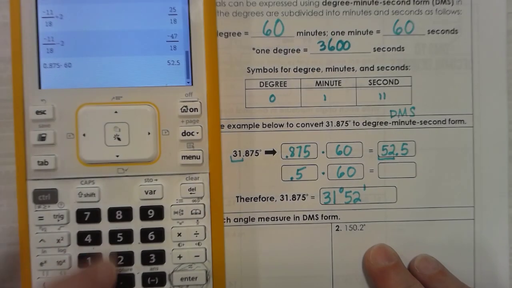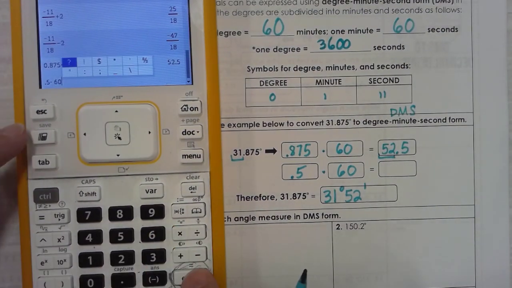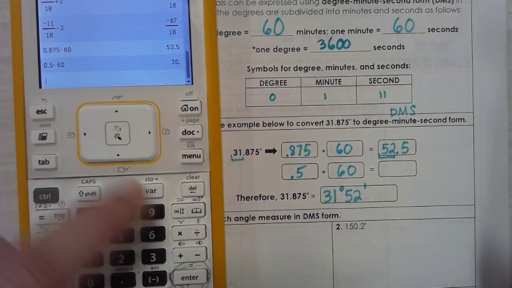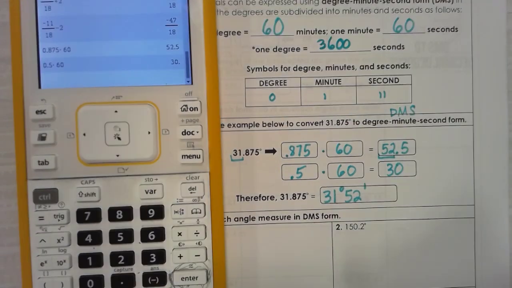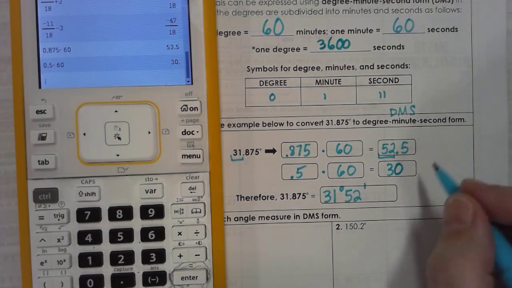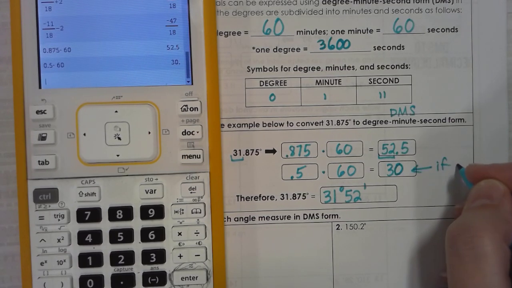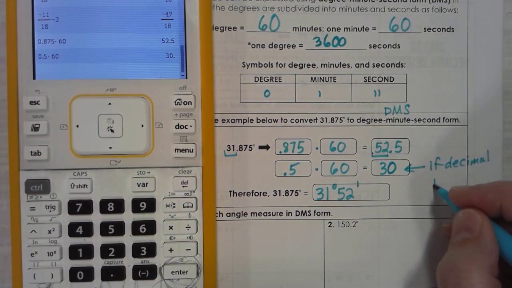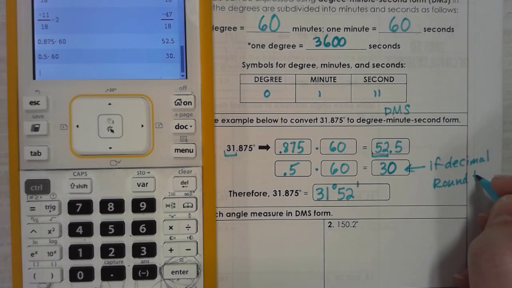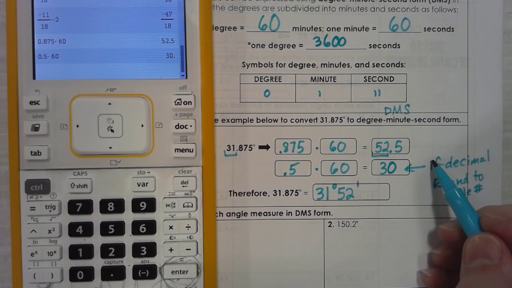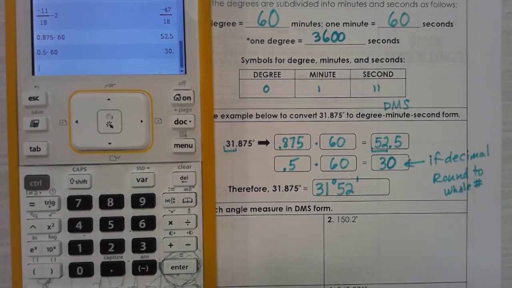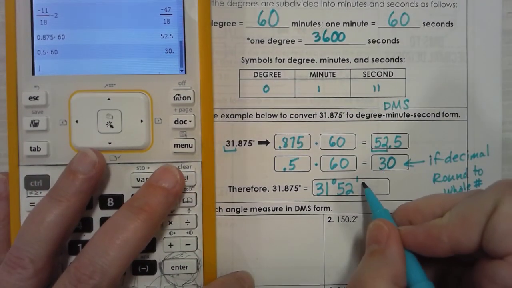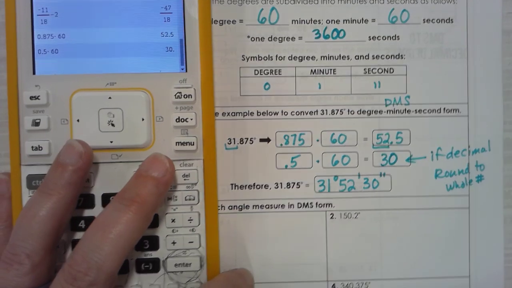So 0.5 times 60 is 30. If there's still a decimal when you're done with these two steps, you round this to a whole number, because it's super tiny and inconsequential. But here we have a whole number, so this is 30 seconds.